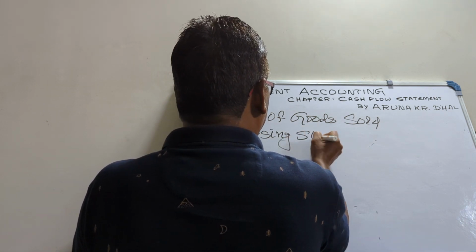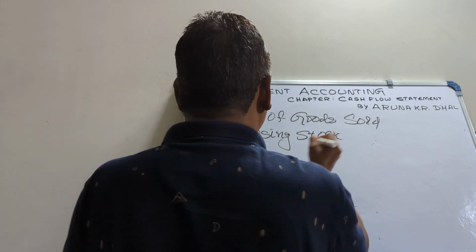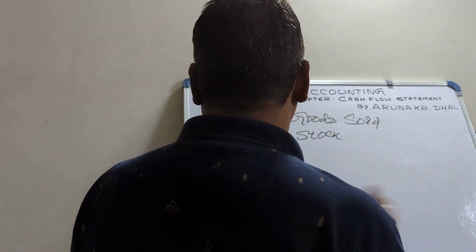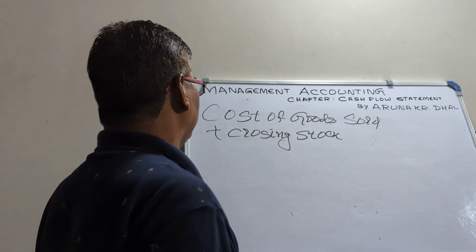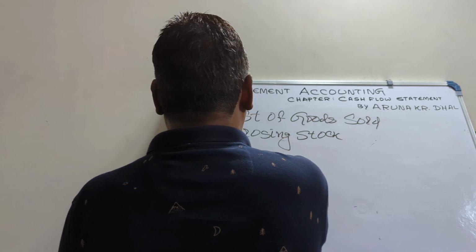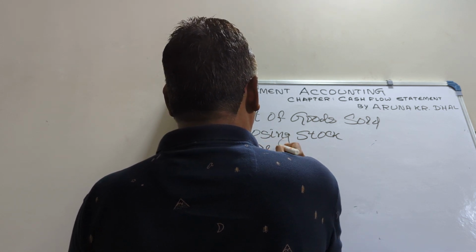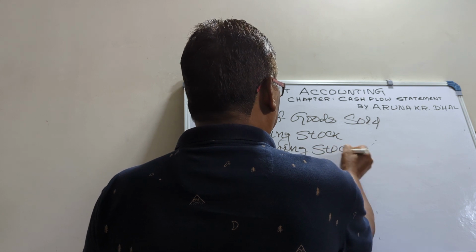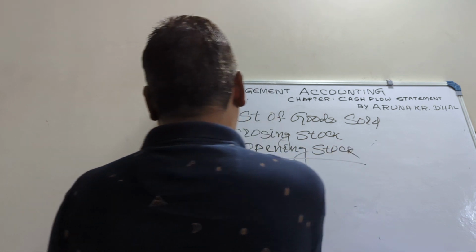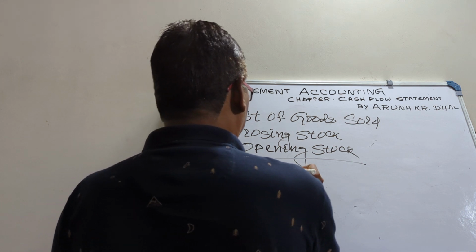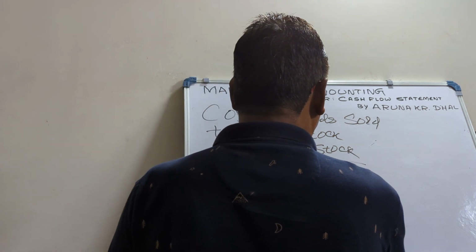If it is a manufacturing concern, closing stock may be closing stock of raw material, work in progress, and finished goods. But in a trading organization, it is closing stock of finished goods minus opening stock. That will give us purchases on accrual basis.